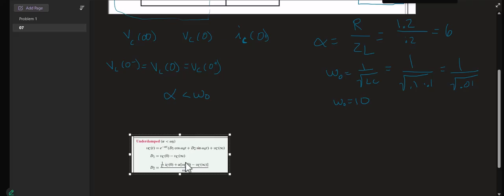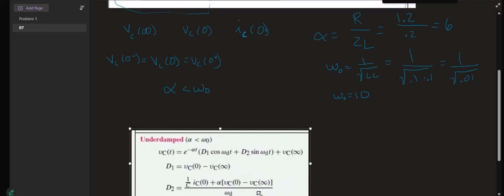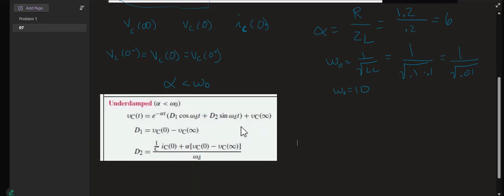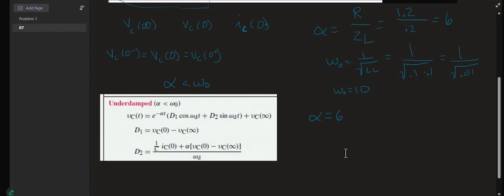So in the underdamped situation, let's see what all we need to find to get our answer. We need to have alpha. We know what alpha is. Alpha is 6. We need to have this omega D. Omega D only happens for the underdamped situation. Omega D is the square root of omega naught squared minus alpha squared.